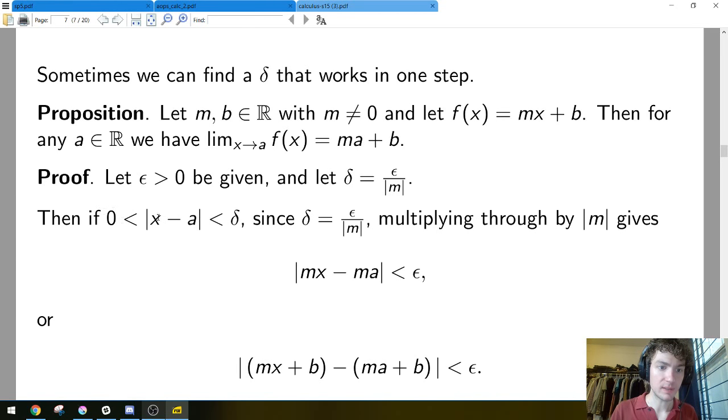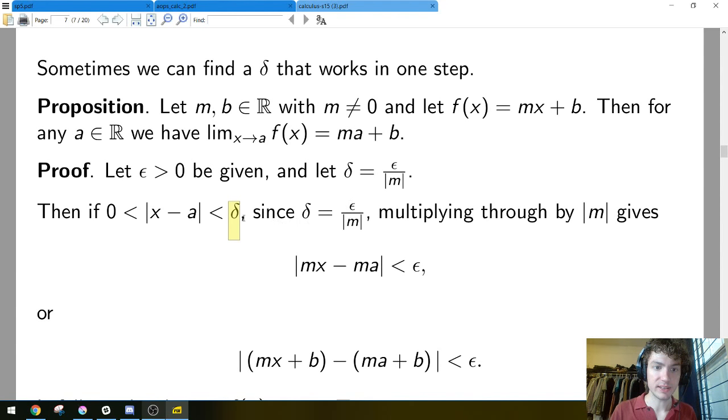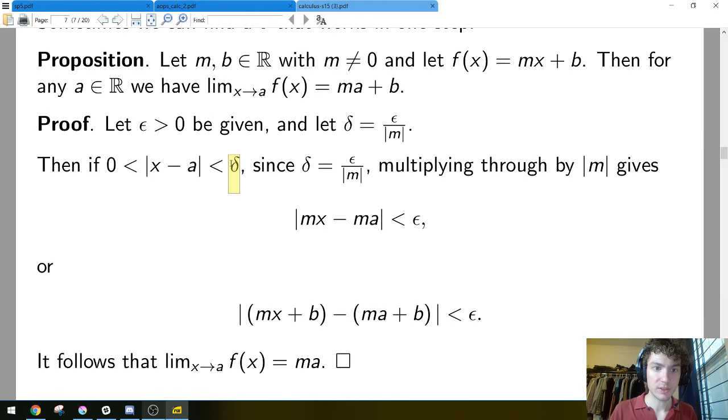So if the absolute value of x minus a is between 0 and delta, which means x is within distance delta of a, but not equal to a, since delta is equal to this, I'm just plugging in delta on the right side. That would give us absolute value of x minus a is less than epsilon over the absolute value of m. Then you can multiply both sides by the absolute value of m.